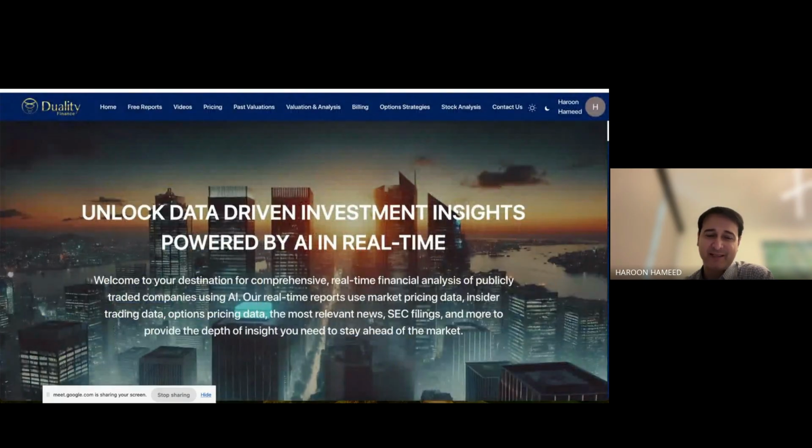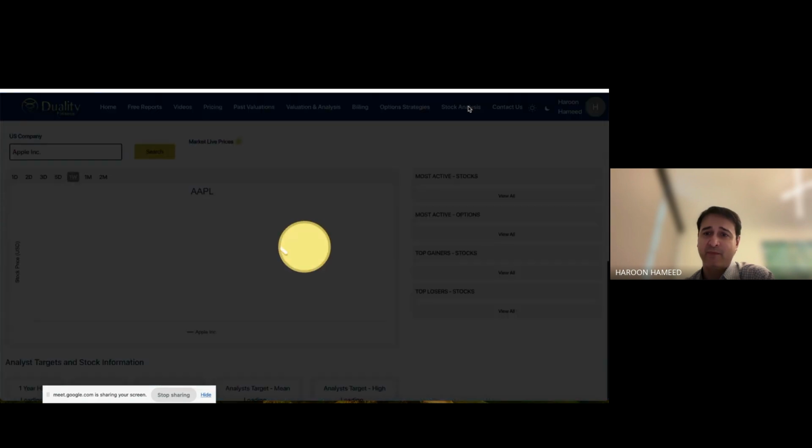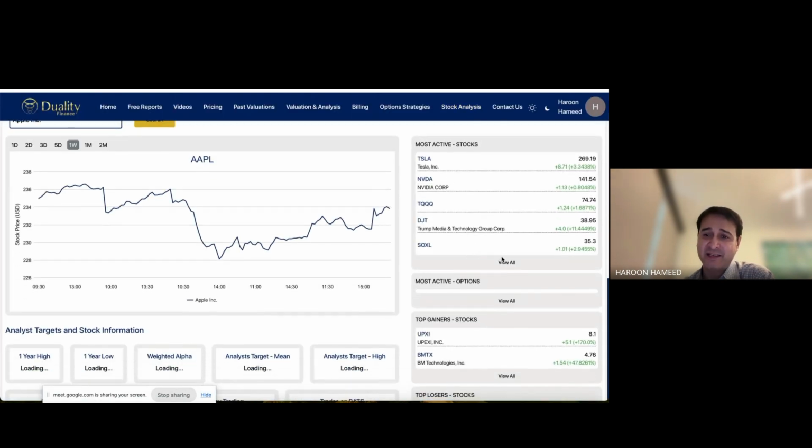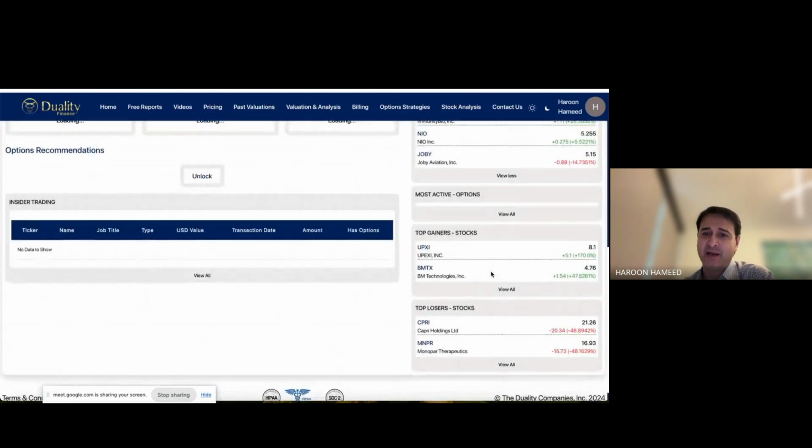So, Duality Finance is a product that is utilized for people who are interested in short or medium-term trades. They can research the stocks that are most active. They can look at the most active options, the top gainers, top losers.